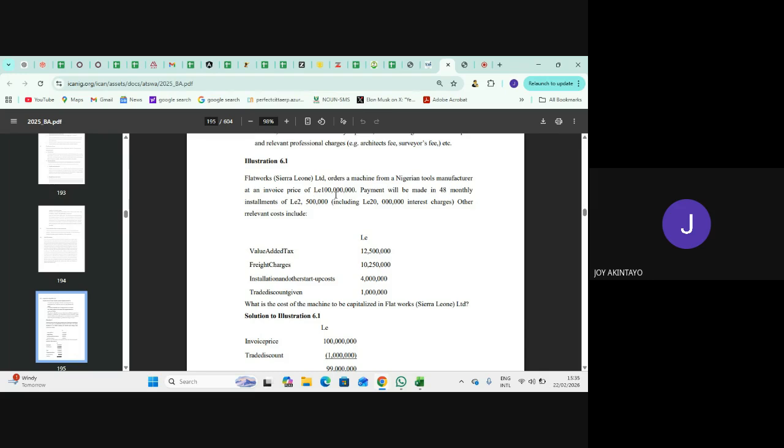The payment will be made in 48 monthly installments of 2.5 million Leone, including 20 million interest charges. Other relevant costs include the value added tax, the freight charges, installation, and other costs. Then we have three discounts given.